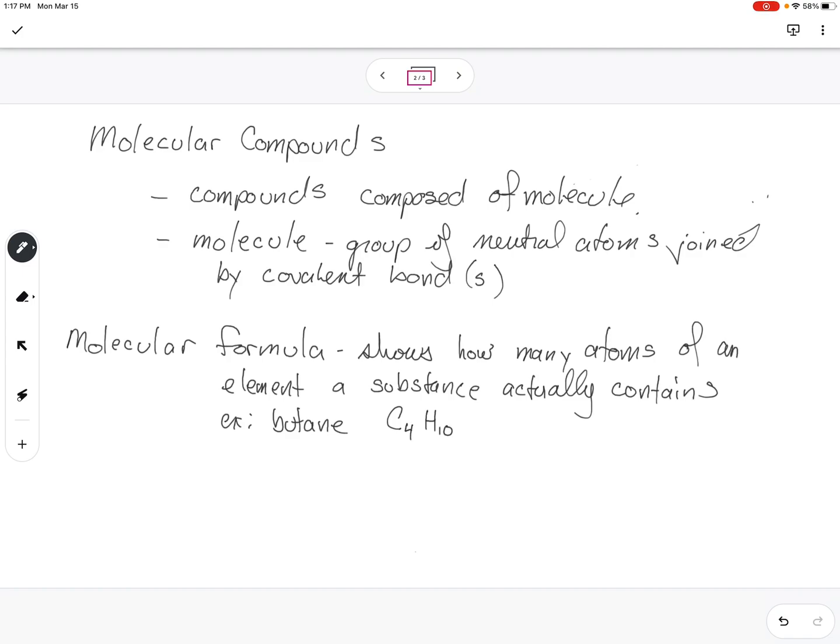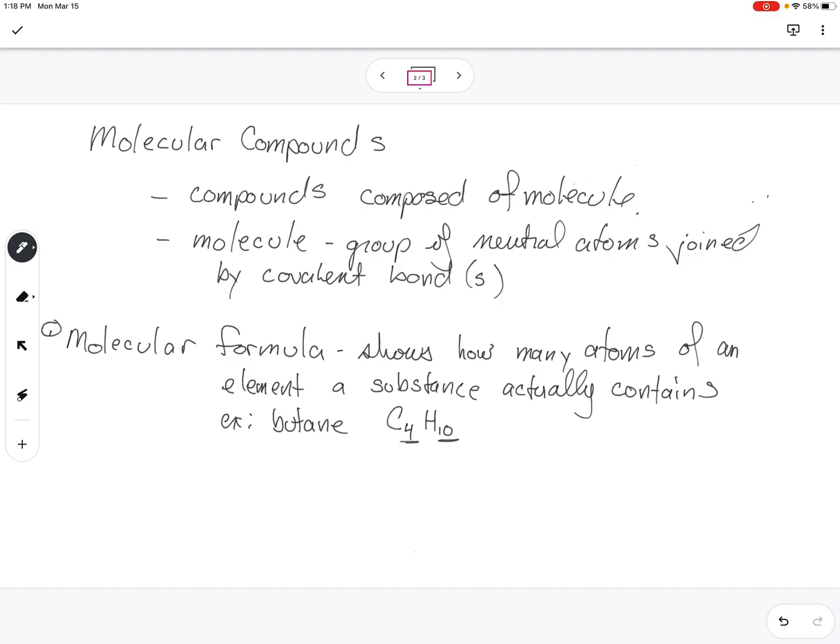Well, we can reduce this ratio, right? 4 is divisible by 2, as is 10. But with molecular formulas, we do not reduce, okay? So it's not necessarily the lowest whole number ratios like it is for ionic compounds, excuse me. So that's one way we can represent molecular compounds.